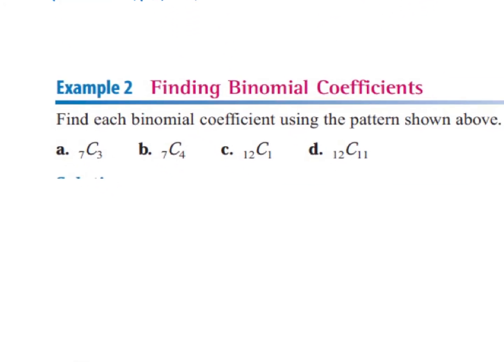Okay, let's look at example 2. So these are doing the same thing. For A, what's our n? Our n is 7 and our r is 3. So we just plug that in. We have 7 factorial over 7 minus 3, which would give us 4 factorial times 3 factorial.